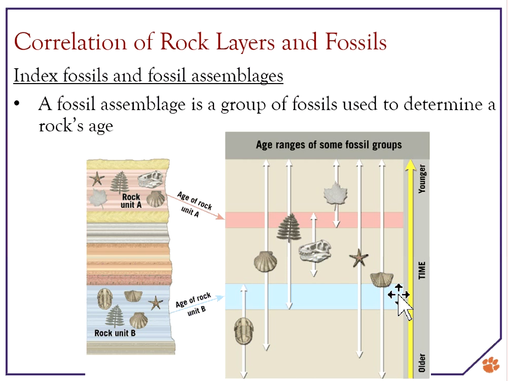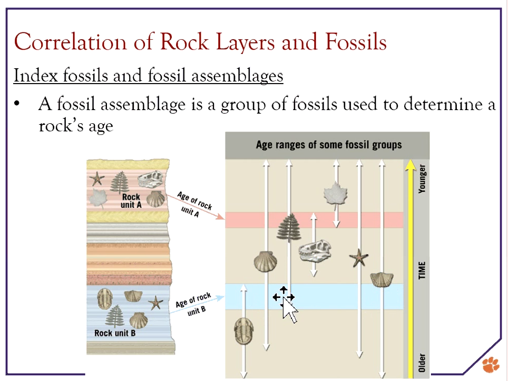Here we see a fossil assemblage, which is a group of fossils used to determine a rock's age. So here at the bottom, let's say we have a rock unit B, and we have some trilobites, some seashells all together. And when we go away to some other area carrying more or less the same kind of geologic layer, we can just follow this unit.